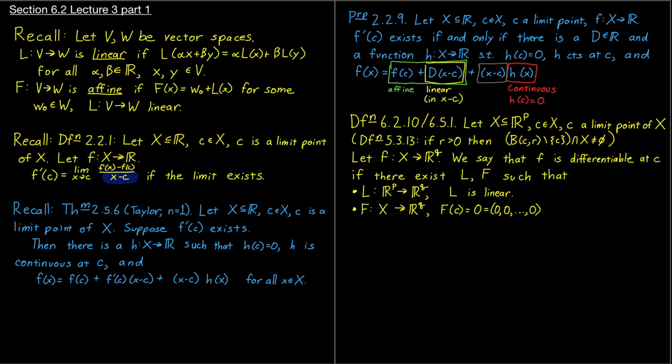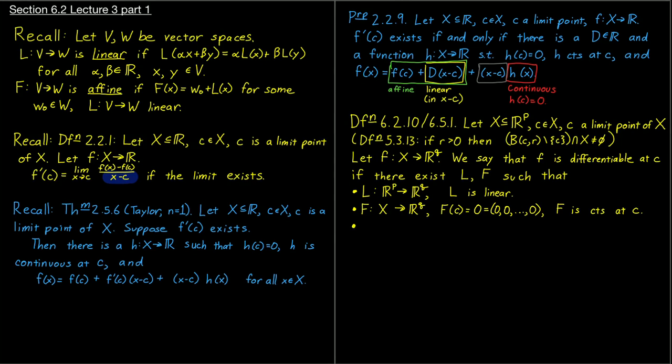And we also want F to be continuous at C. And we know how to define a continuous function from X to RQ. We know how to define a continuous function on a metric space. We saw that in section 5.4.